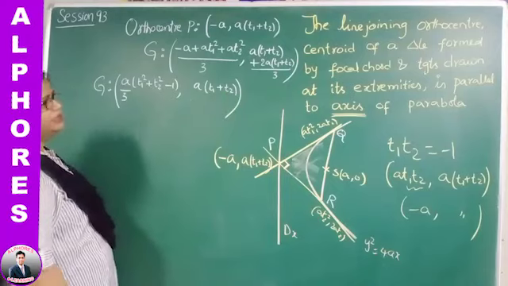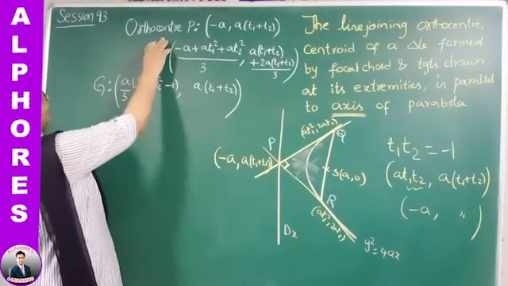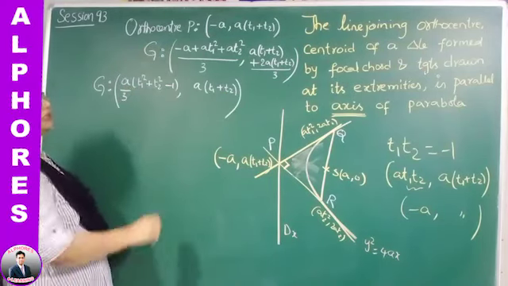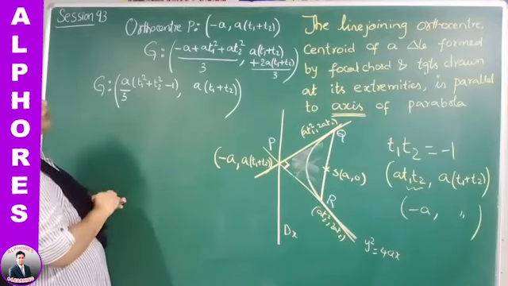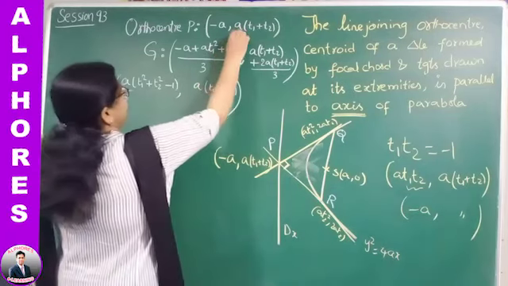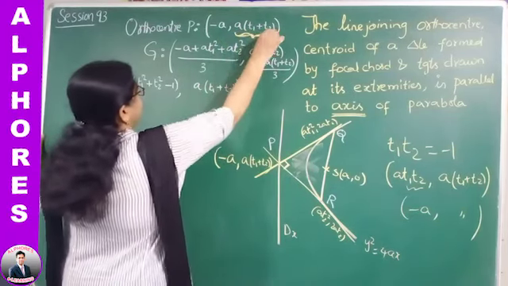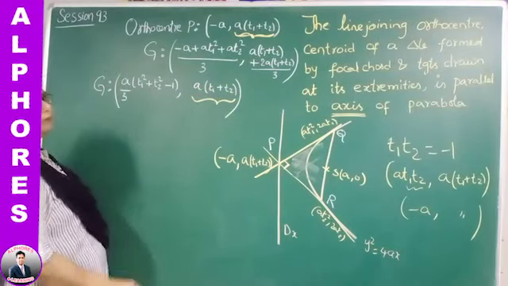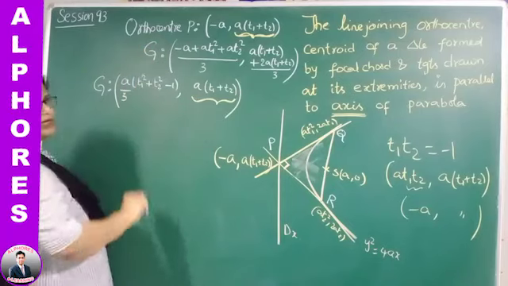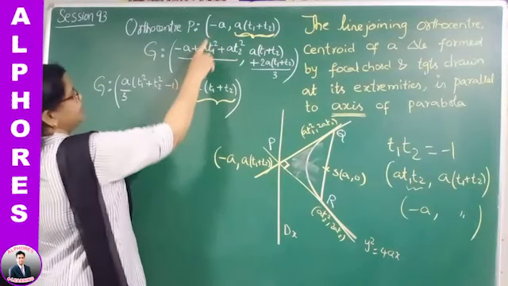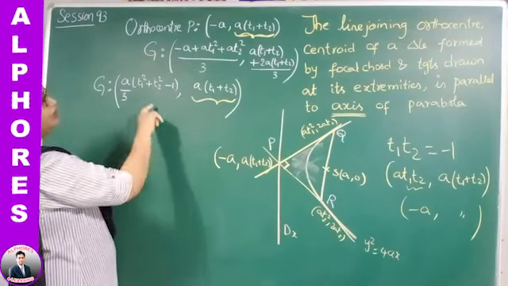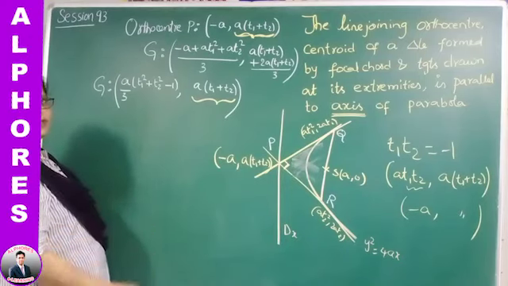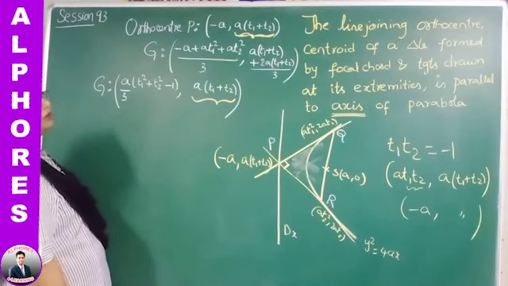Now observe clearly, students, what are the ordinates of this orthocenter and centroid? The ordinates are a into T1 plus T2 here and also a into T1 plus T2. So for these two points you observe clearly the ordinates are the same. For any line joining points, if the ordinates are the same, what is our conclusion?